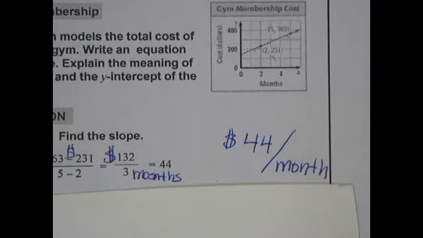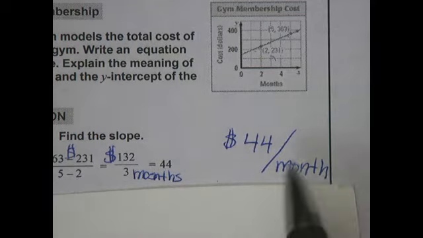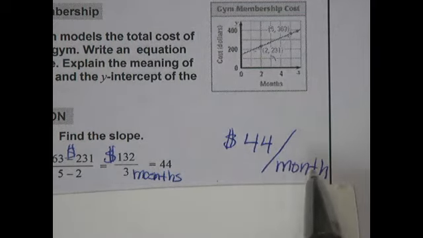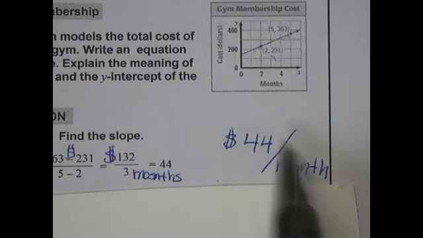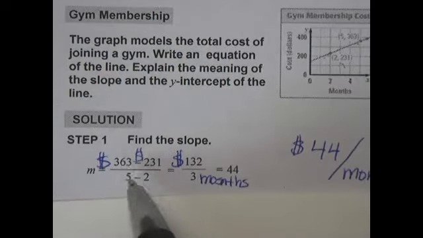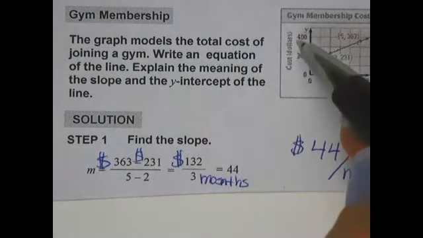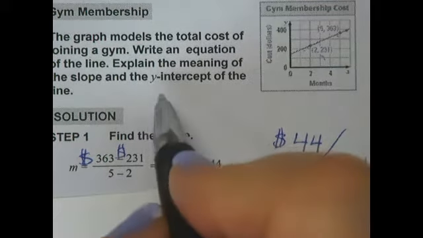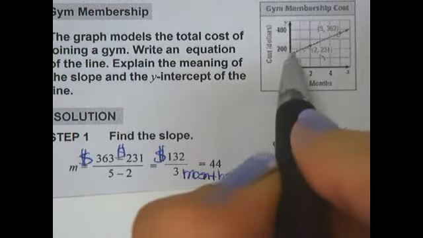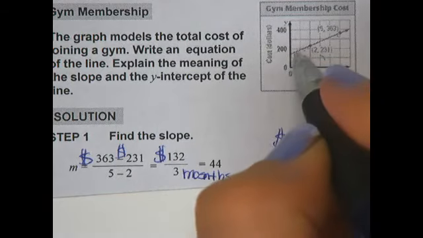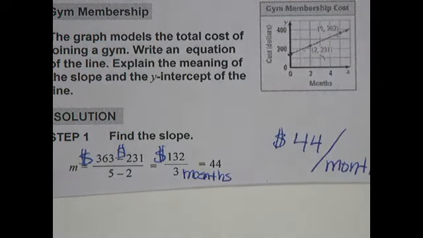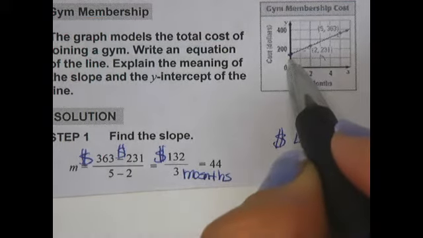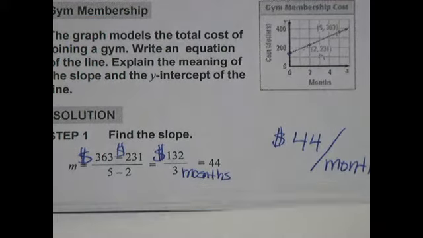So when you put the label on there, when this is reduced, this is not just 44, it's $44 per month. Since it's positive, it means it's going up. So our meaning of slope here is that our gym membership goes up $44 every month. So it's real easy to define slope when you just go back to the problem and you put your labels. And you get those labels by just reading the graph.